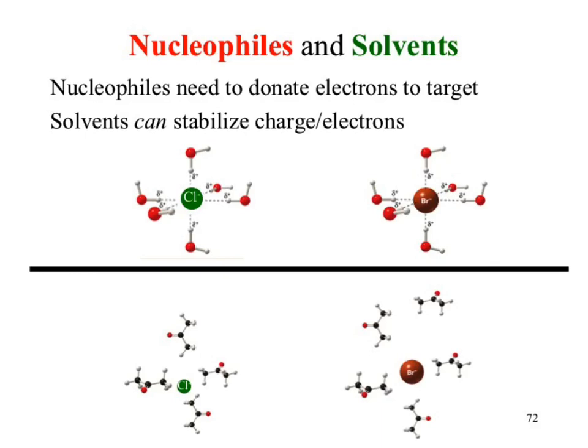Because bromide is so much larger and less negative, it holds a weaker bond to the water molecules, which means easier to break the interaction, which means more likely to interact with our substrate. So the larger one becomes more active as a nucleophile. Not necessarily more nucleophilic, but more active as a nucleophile. The result being, larger appears to be more nucleophilic.